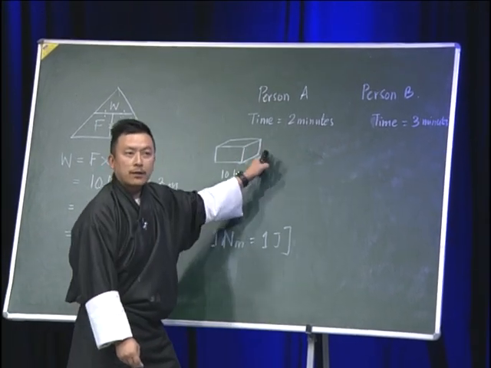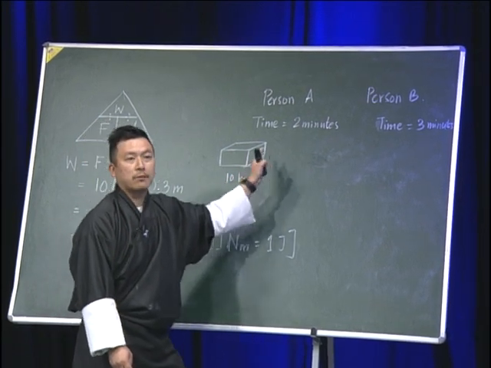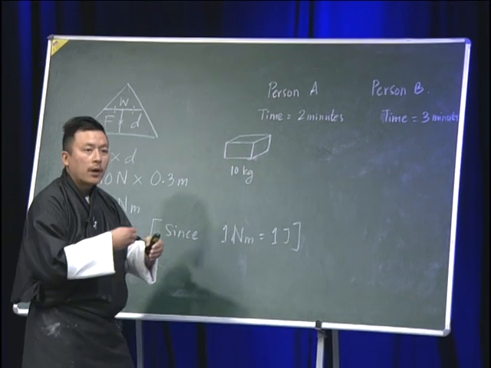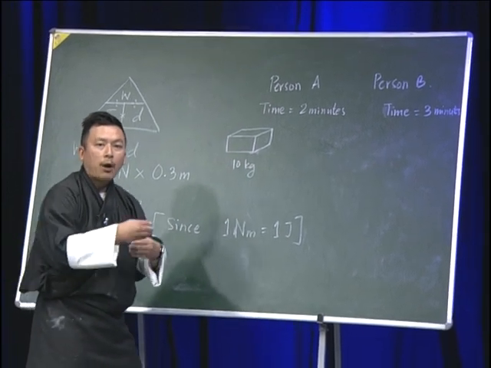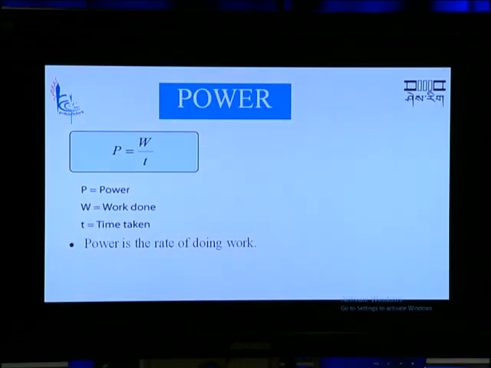So we say that his power, his rate of doing work, is greater than person B's. Power is a measure of how quickly work is being done. From the definition, we come to a relation between power, work, and time taken as P equals W divided by T, where P is the power, W is the work done, and T is the time taken.